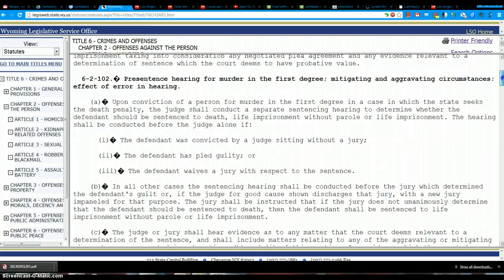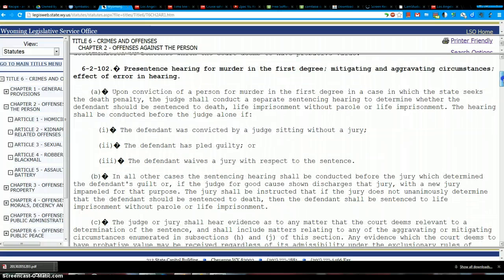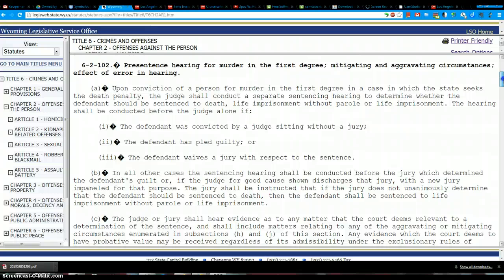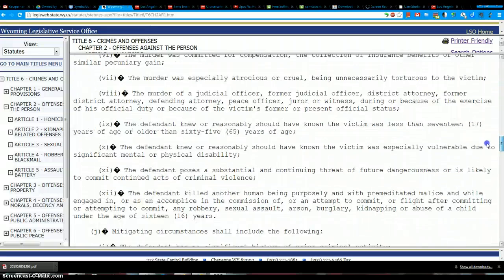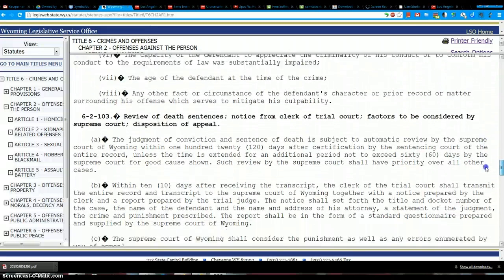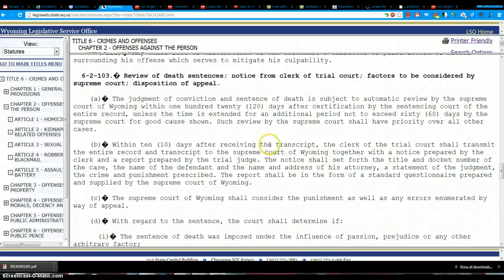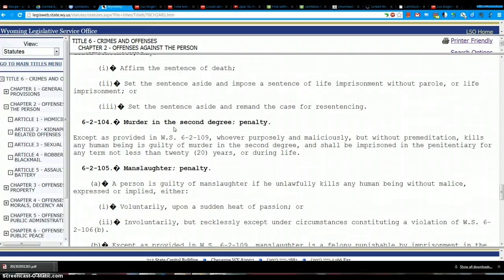And then there's going to be a bunch of stuff here about the requirements for the death sentence, and we're not going to get into that today, but all of this is about the process of deciding whether or not the penalty is going to be the death penalty and how that works.